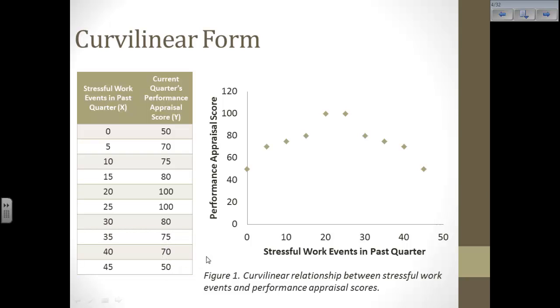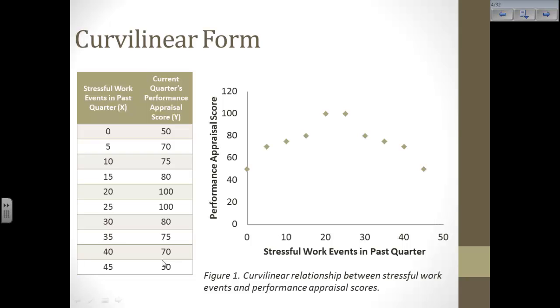So in the industrial organizational psychology literature, you'll often find that in very, very low stress situations, there's not a whole lot of motivating factors for people to perform. They become complacent. There's nothing stressing them out or getting them interested in doing work tasks because there's some sort of consequences for not doing so. So their performance is low in really low stress situations.